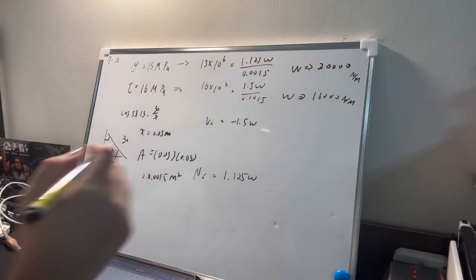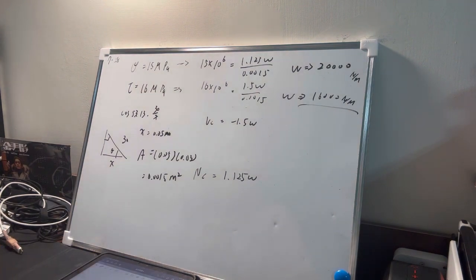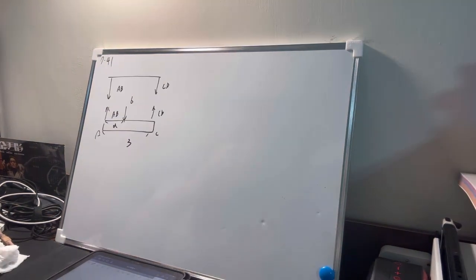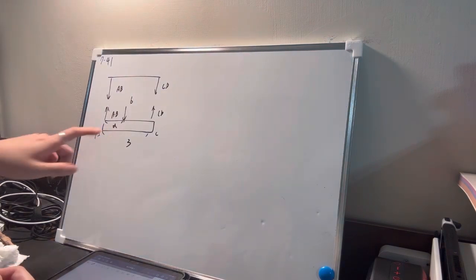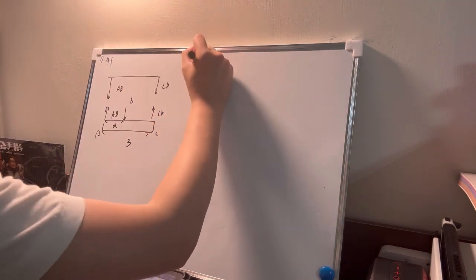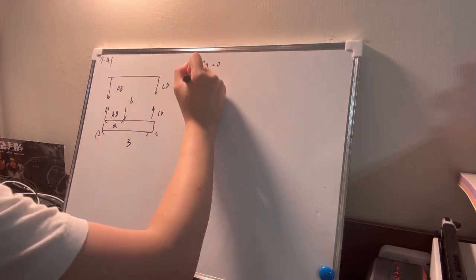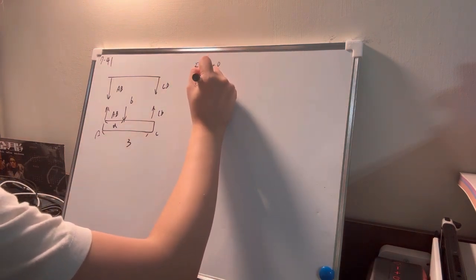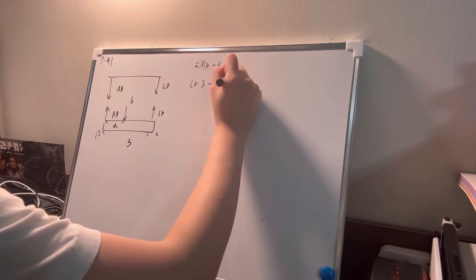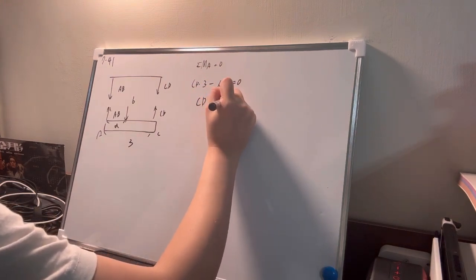We can know the answer is this. And the next question says determine the position D here. Basically we start from the summation MA equal to 0, and CD times 3 minus D, so we know CD is equal to 2D.